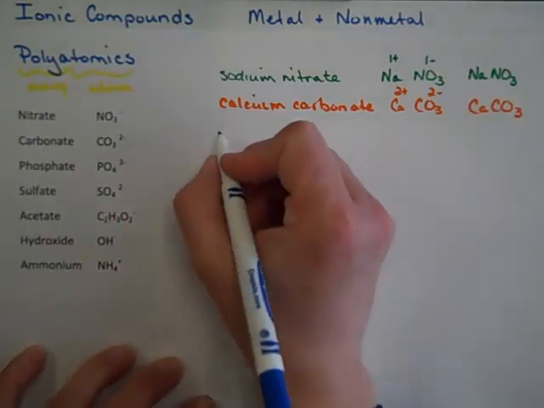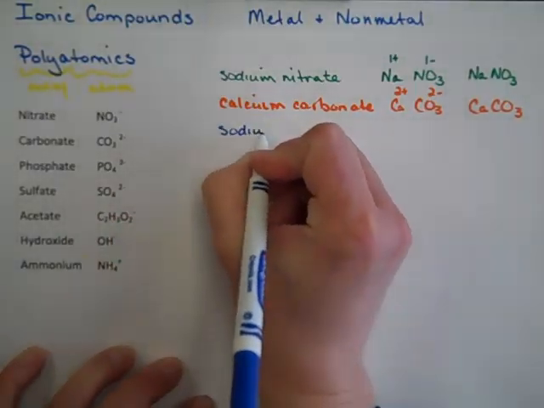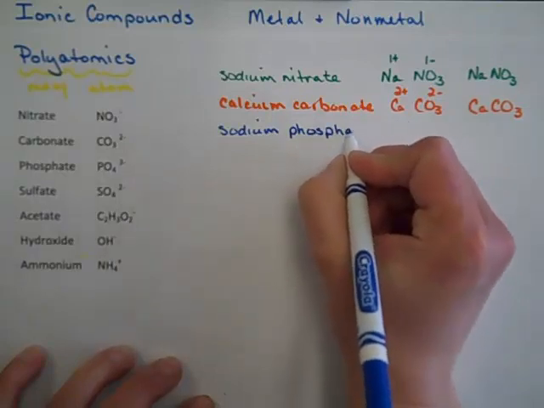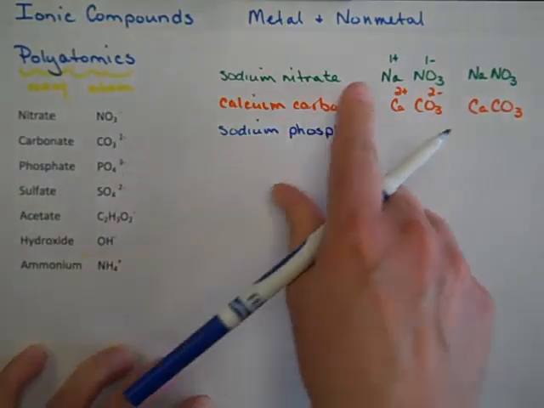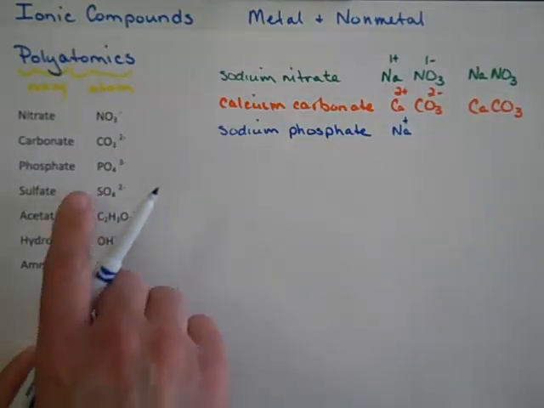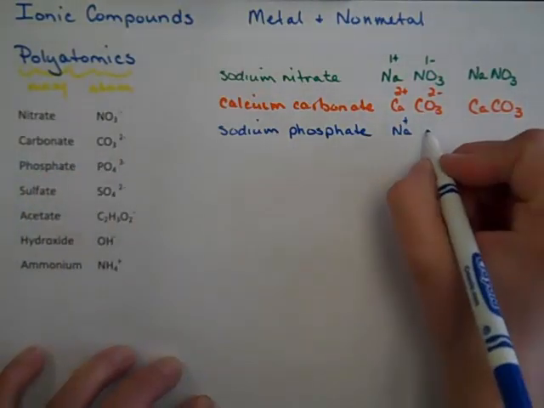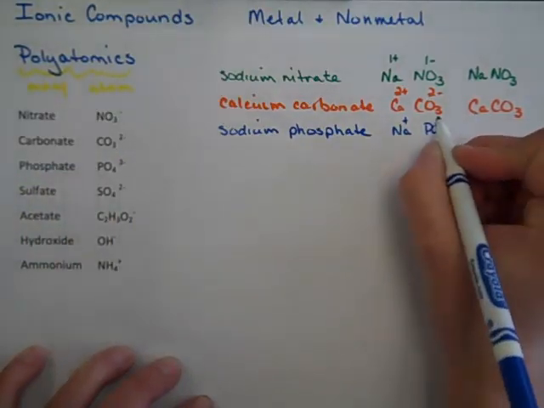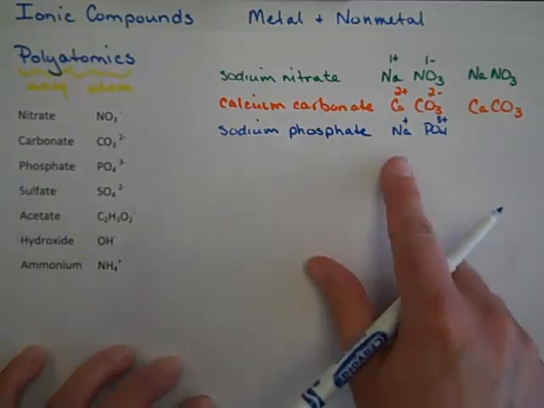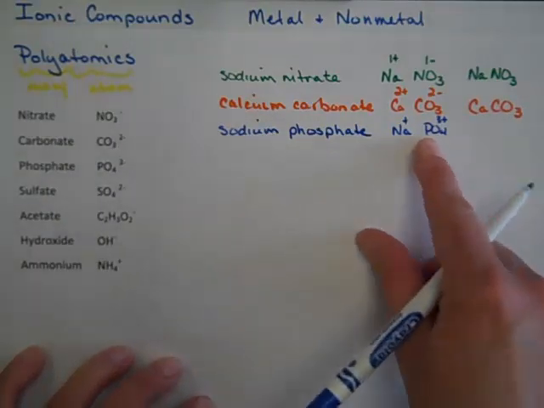What if we have sodium phosphate? All right, sodium up here is Na. It has a +1 charge. Phosphate is PO4, and it has a 3 positive charge. So in order to balance this out, we would need more positives than we have.